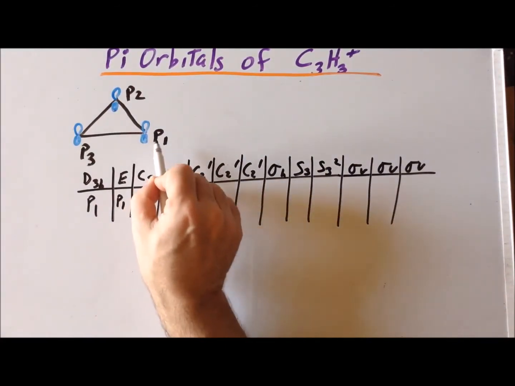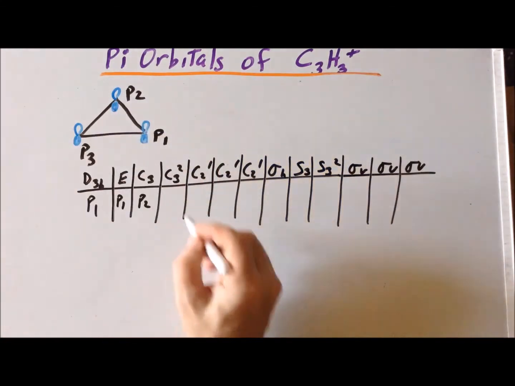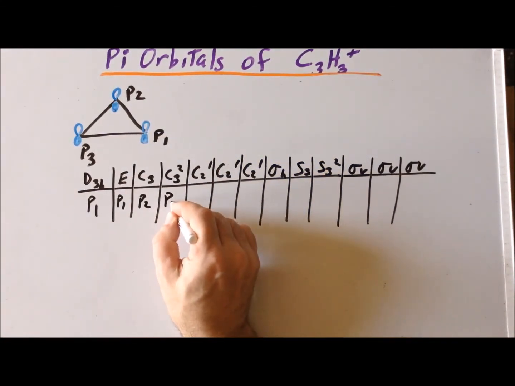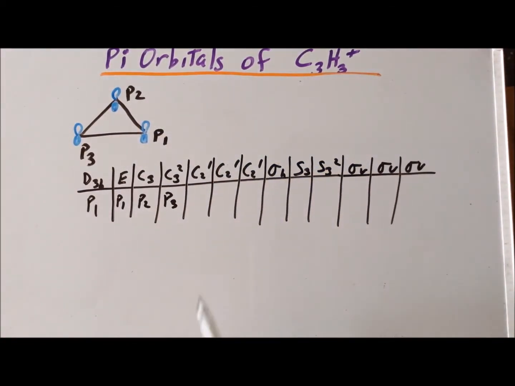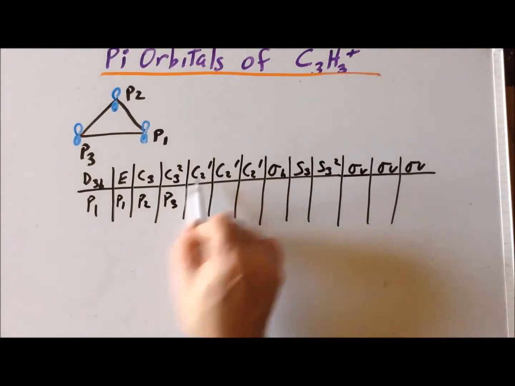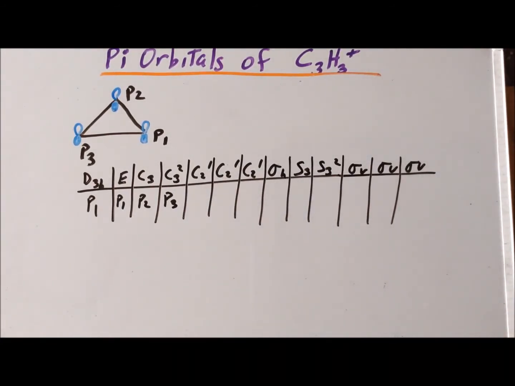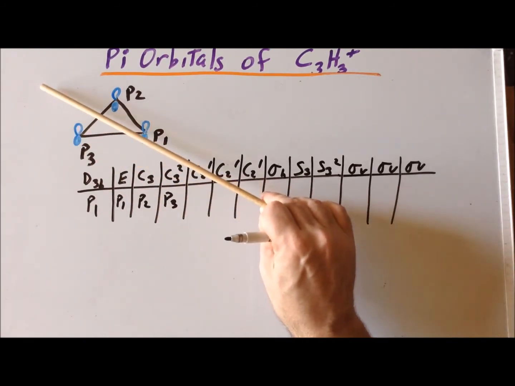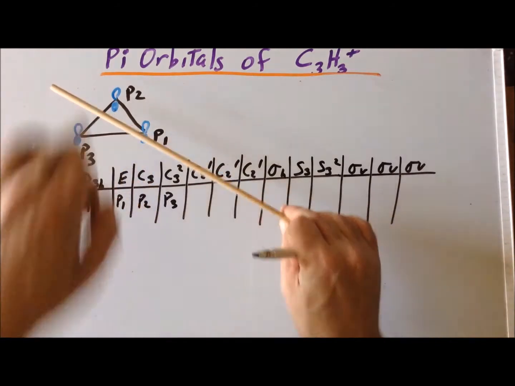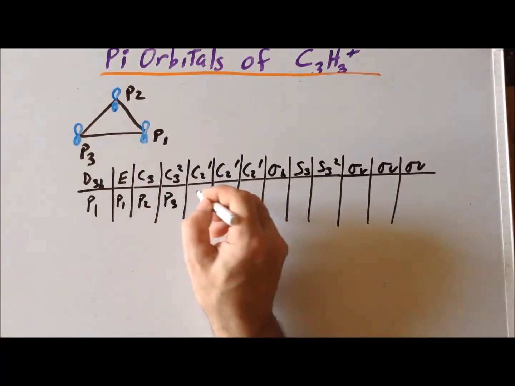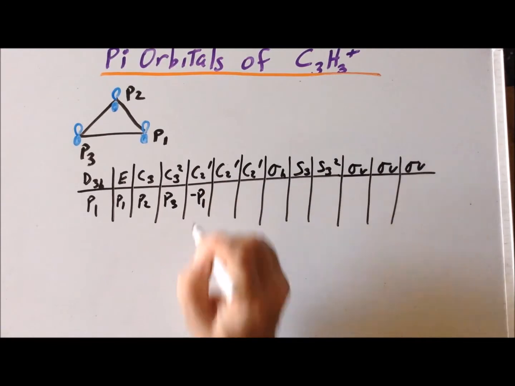Under C3 squared, P1 goes to P2 and then to P3. So next we have C2 prime. This is a C2 axis that goes along, for example, along here. And in the process, P1 flips over. So P1 becomes minus P1.